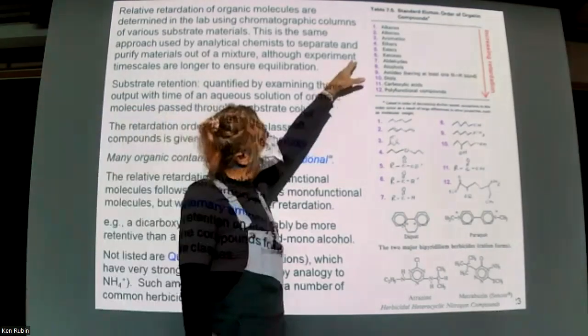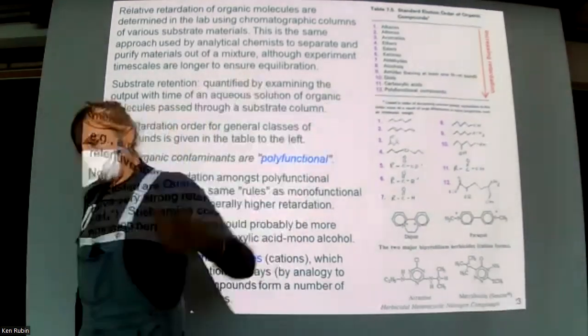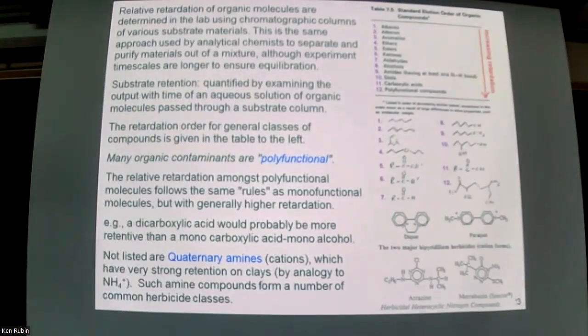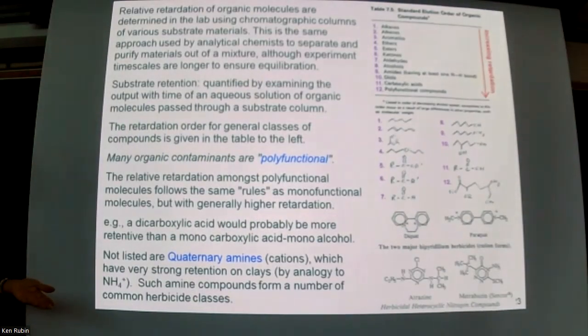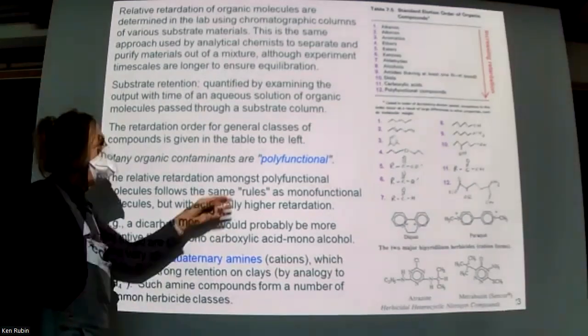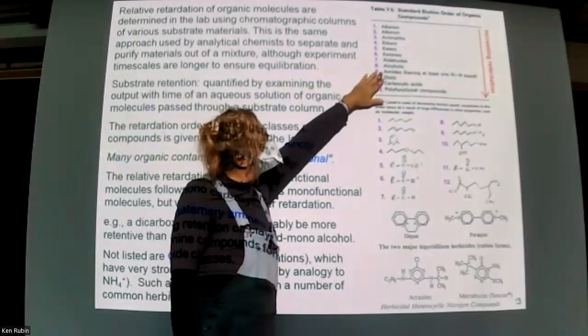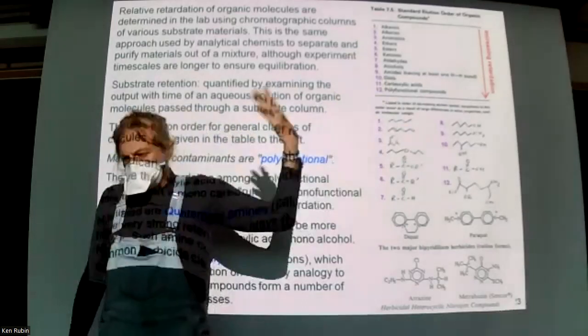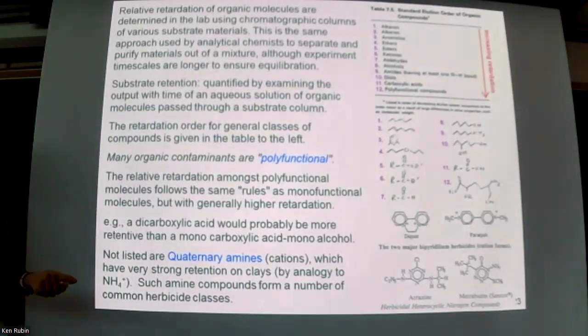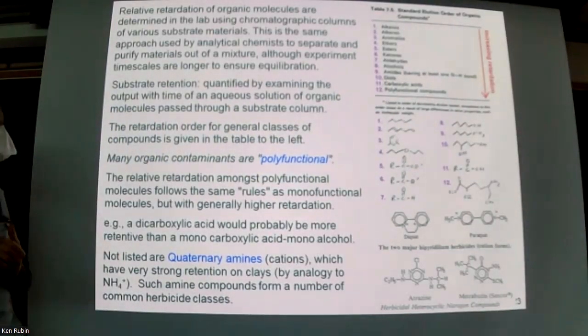And this is sort of a hierarchy. It's very similar to what I gave you a couple of slides ago, showing that hydrocarbons move through with less retention, and the more polyfunctional or the more substituted they are, especially with oxygen-rich functional groups, the more retained they are.